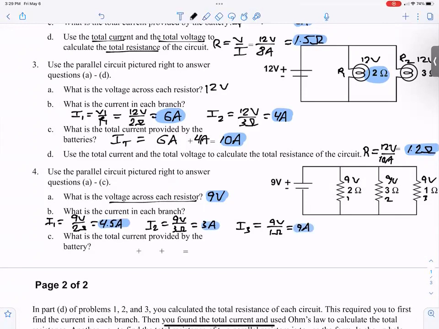The total current in the circuit, so I total, would be 4.5 plus 3 plus 9, which is about 16.5 amps. So you can see the more resistors we put in parallel, the more the total current goes up.